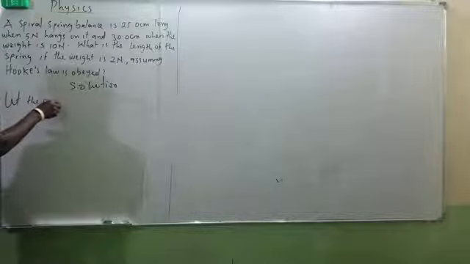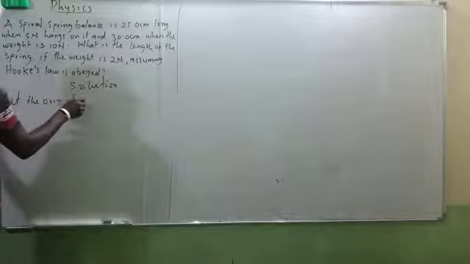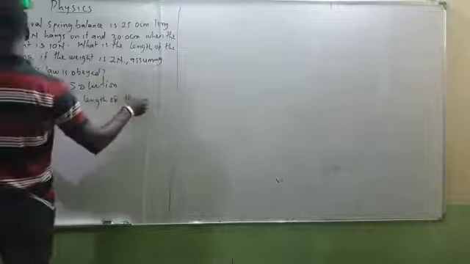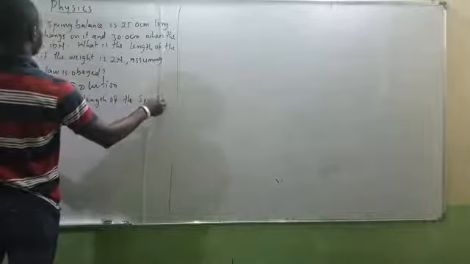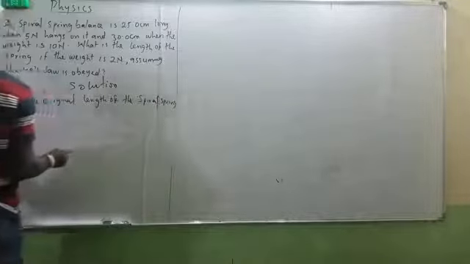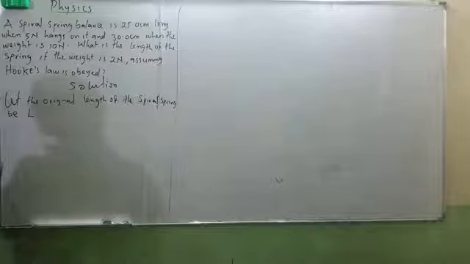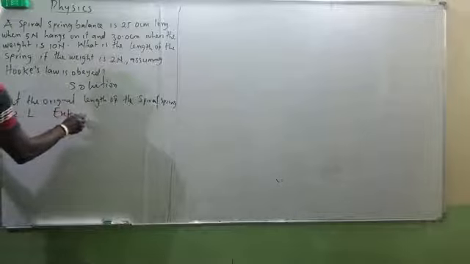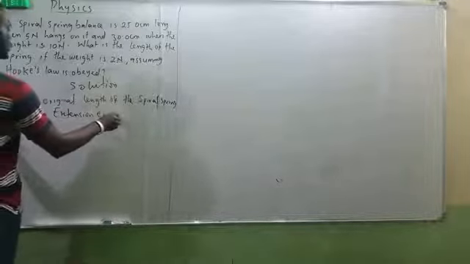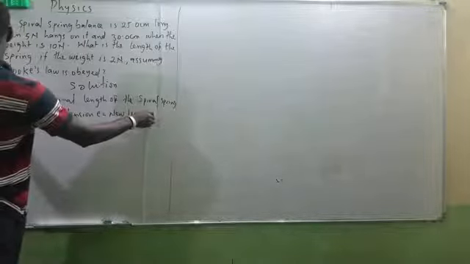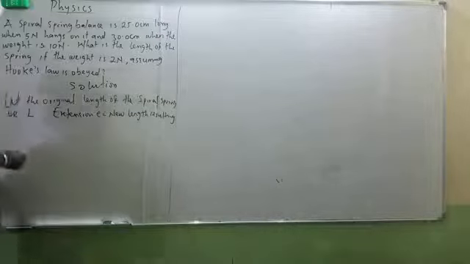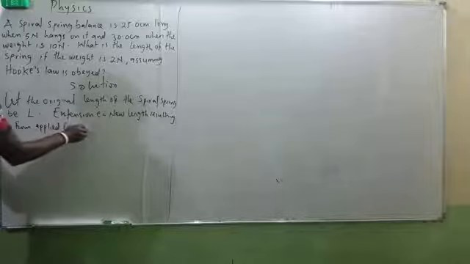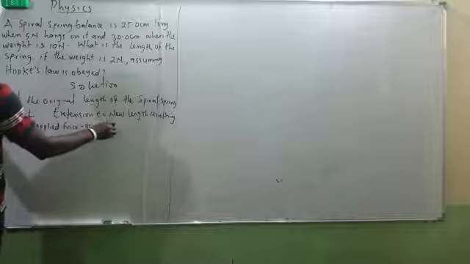Let the original length of the spiral spring be L. And we all know that my extension, which is going to be E, is always equal to the new length resulting from the applied force minus the original length.